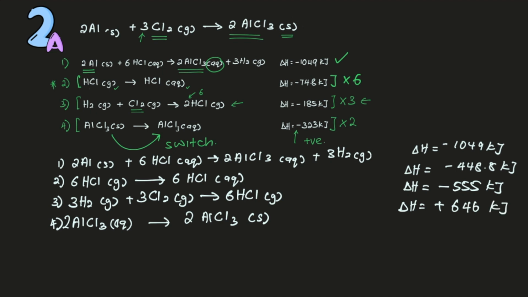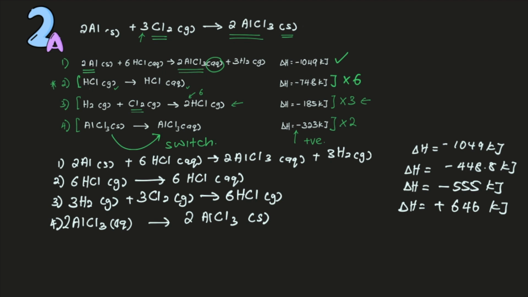Right, now what we are going to do is look at the similar things at the reactant and the product so that we can slash it out, so that we will remove it to match our target equation. So the first one that we want to slash out is the HCl.